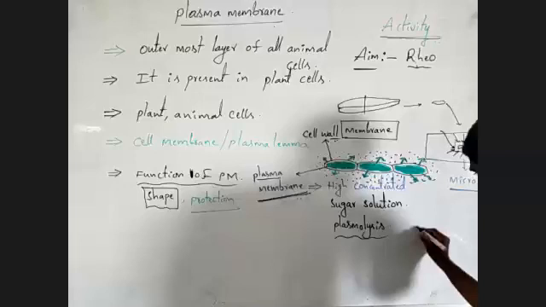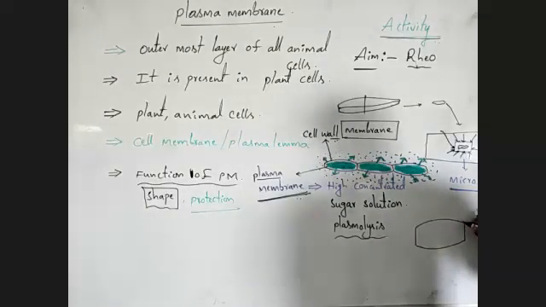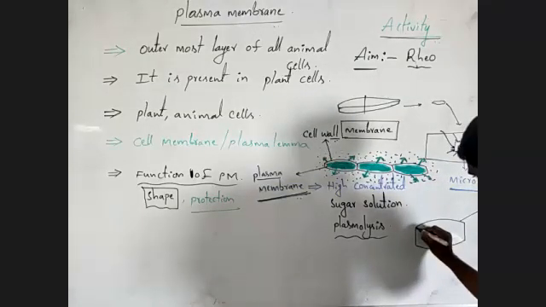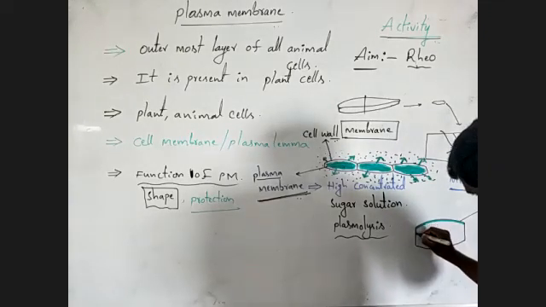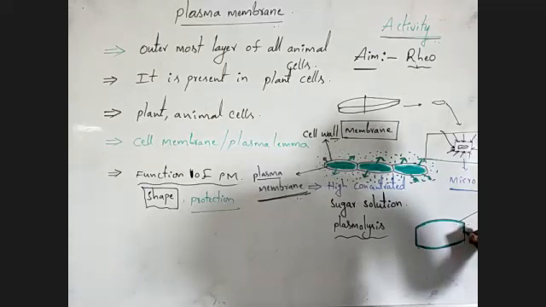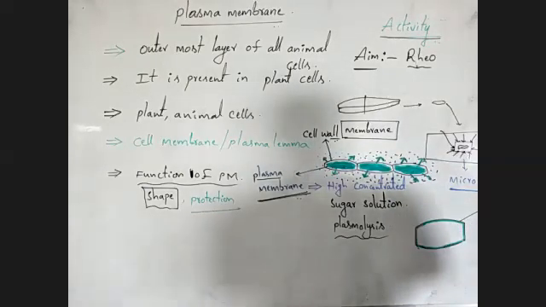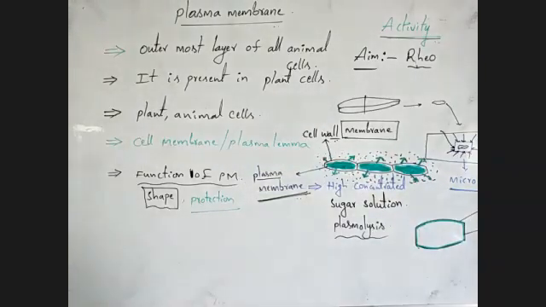For example, this is a normal cell. In the normal cell, this is the cell wall. Next, here is the plasma membrane.